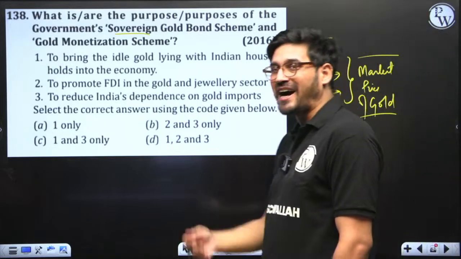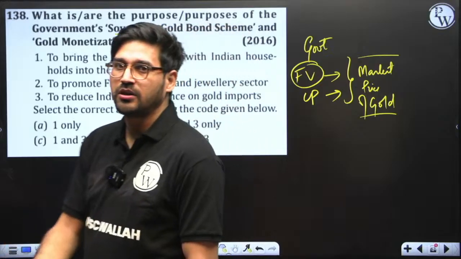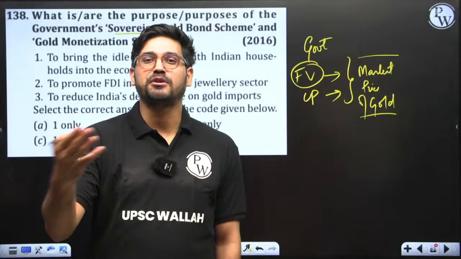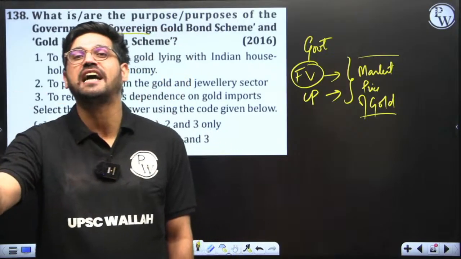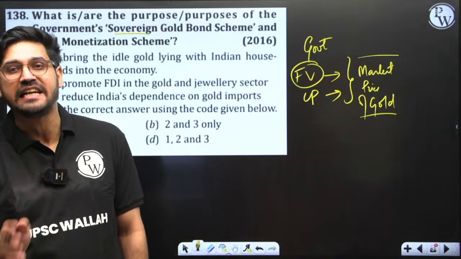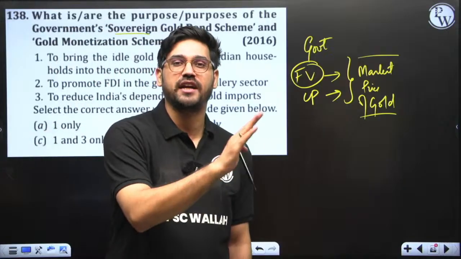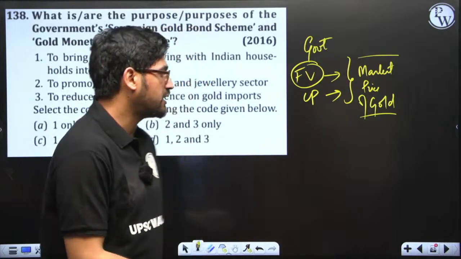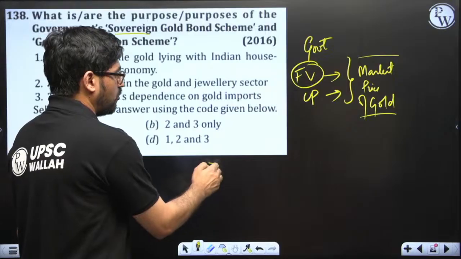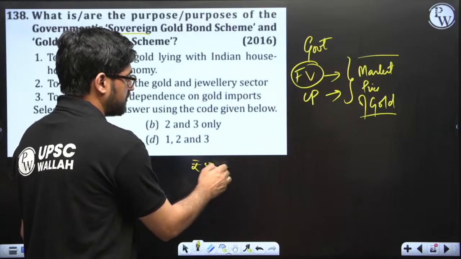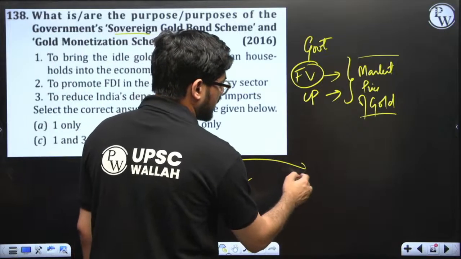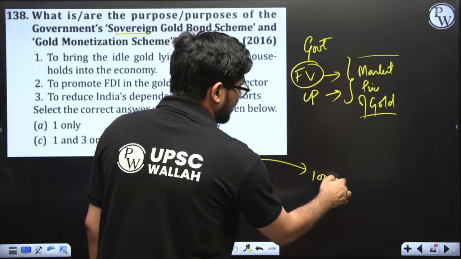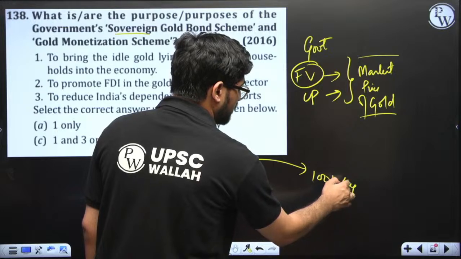That means you will buy this bond at a certain face value, and the value that you're going to get upon maturity will be linked to the market price of gold. So imagine that today 10 grams of gold is rupees 50,000, right? After 10 years, the market price of gold becomes 100,000 per 10 grams of gold.